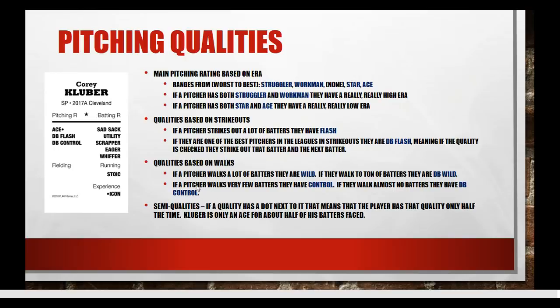Then we also have qualities based on walks essentially. This is control, overall pitcher control, whether or not they're throwing stuff in the strike zone or letting things get wild and loose. Control is going to mean that they get batters to ground out more and produce fewer walks, whereas wild pitchers are going to tend to give up more walks and fewer ground outs.